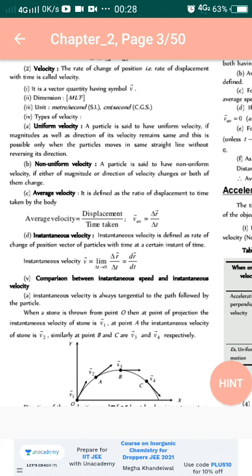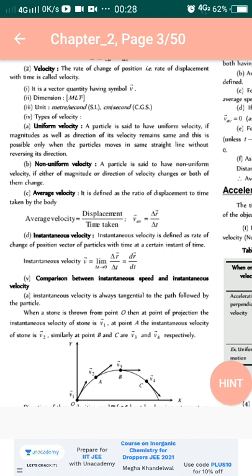If a body starting from rest, this point is not given in this PDF, so listen carefully.